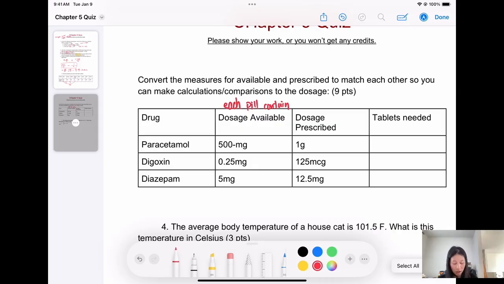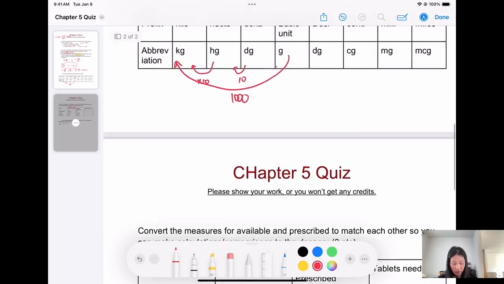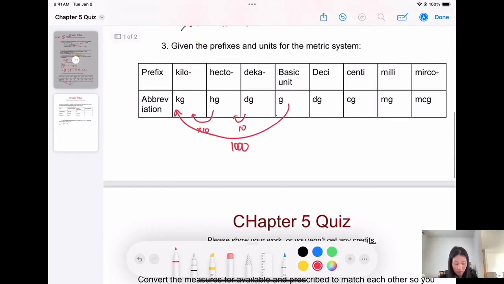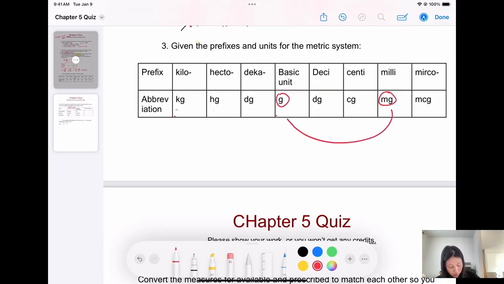First one, 500 milligram equals how many gram? Now look at this. From gram to milligram, gram is here, milligram is here. So they are 3 steps, so in total it is 1,000.